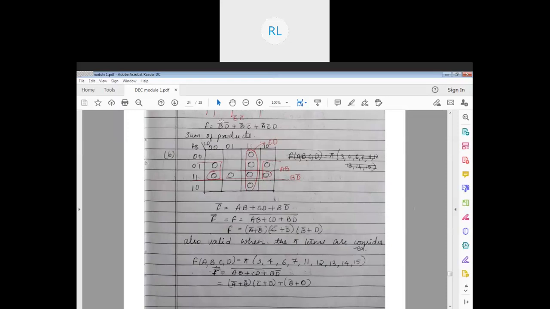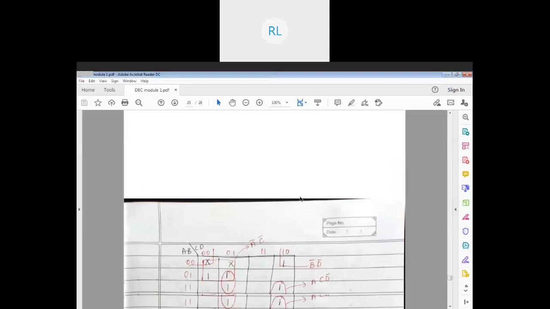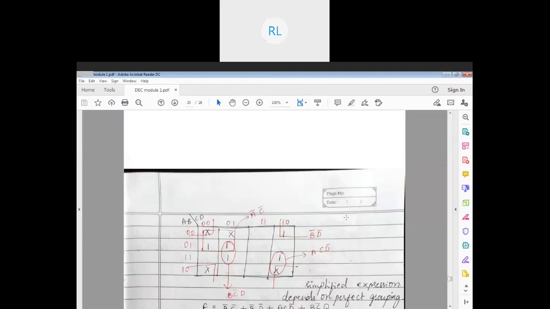So if I have to reverse it, then I have to put a bar to bring it in this form, right? Now you cannot put a bar for an SOP equation. You have to fill the squares which are left out with zeros, then you get an equation. To that equation you have to put a bar. Now this is important to keep in mind.